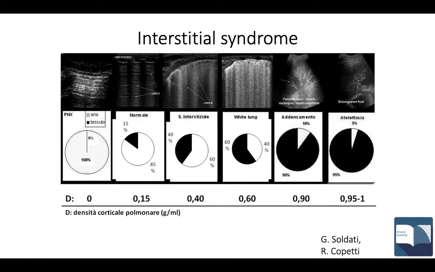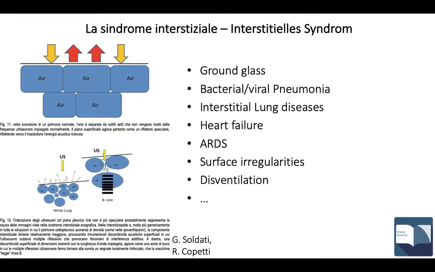So look at pulmonary ultrasound as a density measurement of the lung, a densitometry. Interstitial syndrome originates from the loss of air in the interstitial spaces.